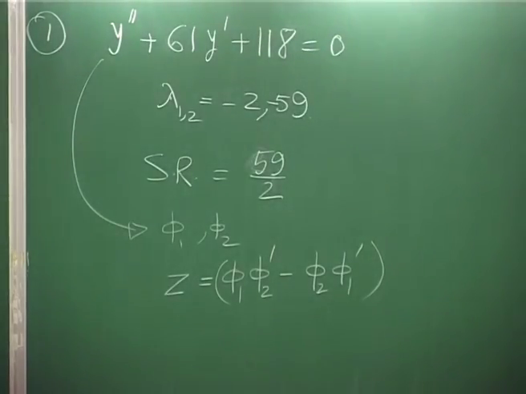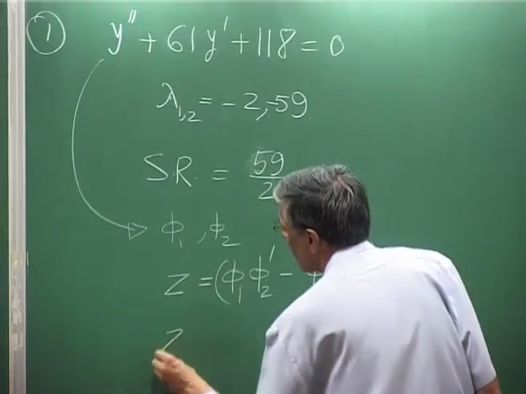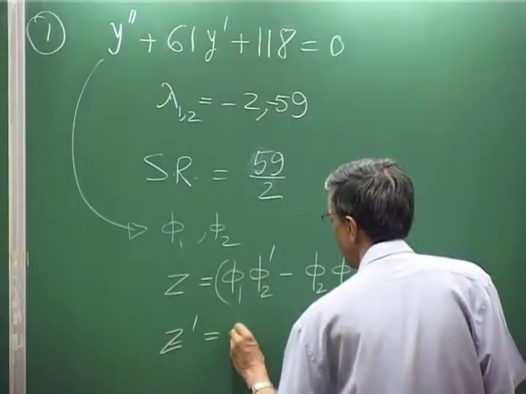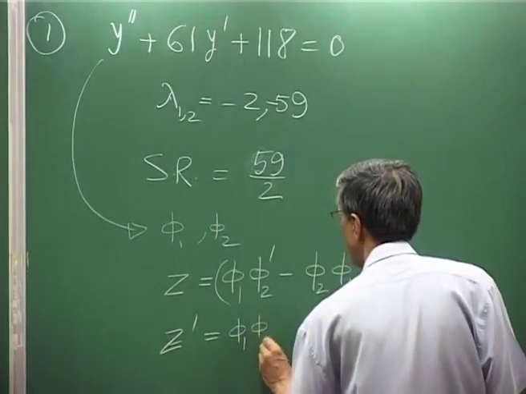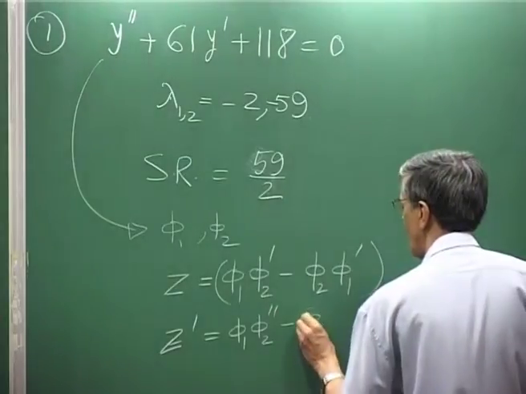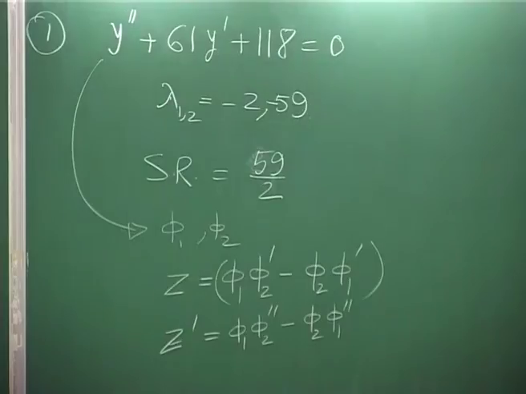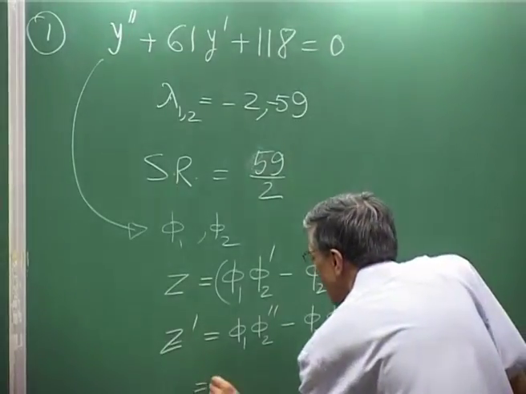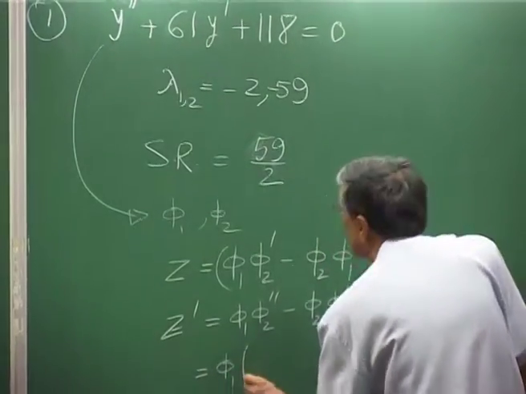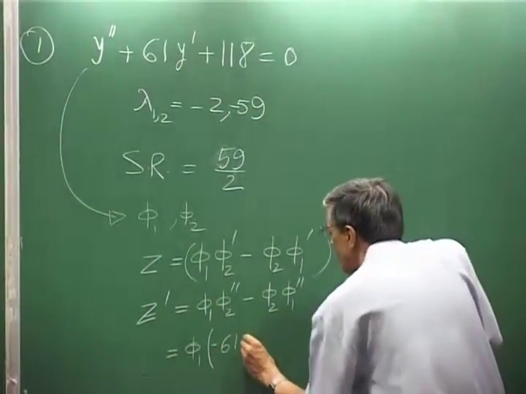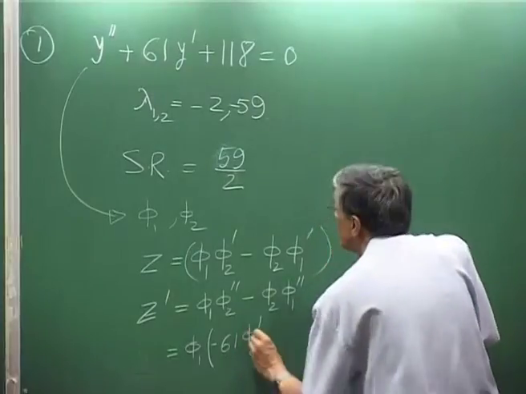So, what you do is you just simply write z prime, and if you do that you find this will be nothing but... Both phi 1 and phi 2 are solutions of this. So, what I could do here, I could write this as phi 1 into, if I put it on the other side, that will be 61 phi 2 prime.